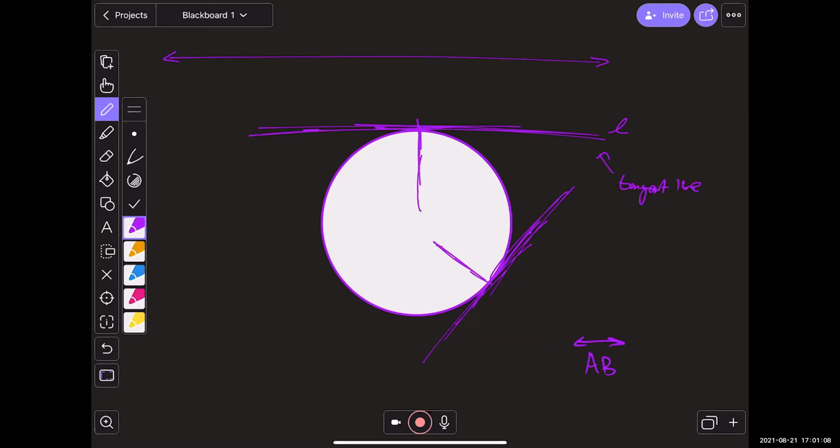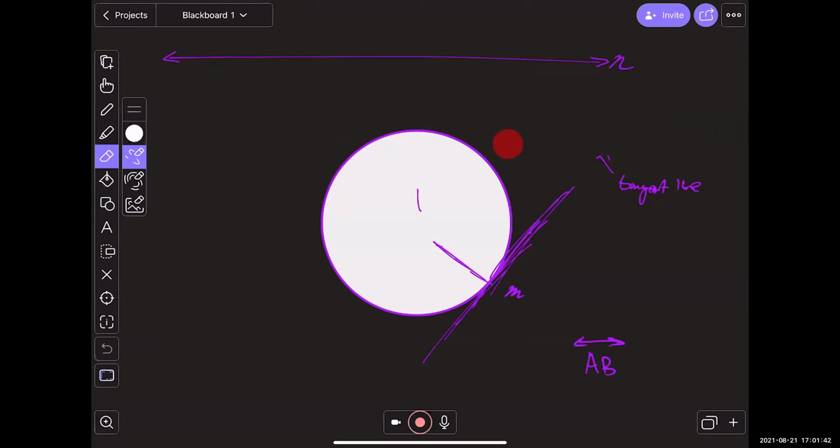Italics is a little bit hard to write out, so I'll do my best, but usually I'm just going to use L, M, and, for example, N like that. So lowercase italicized letters will also be a way that you can name a line. And do note that in this case, you do not need the line with the two arrows above it. We just need to write the lowercase letter italicized. We don't need anything else. All right.